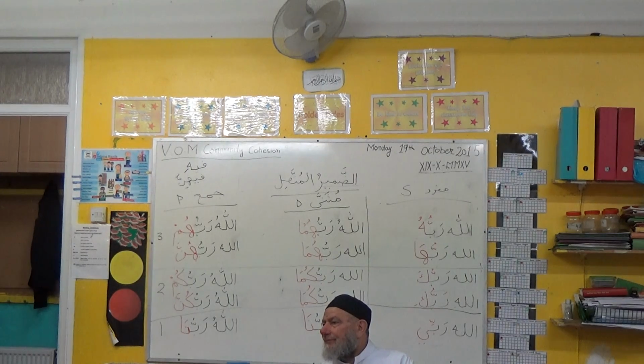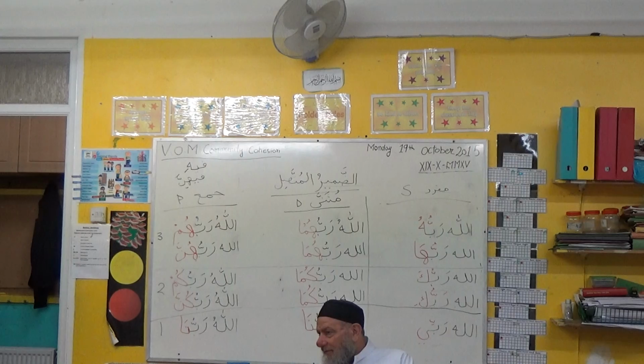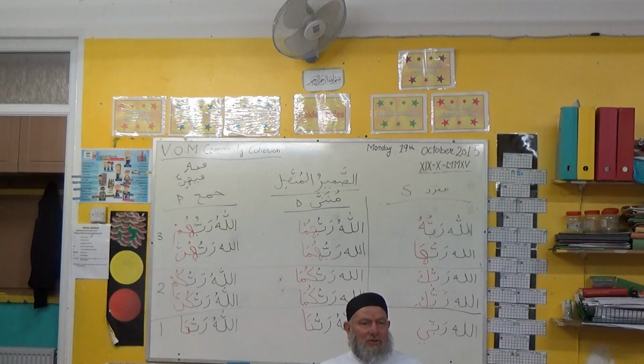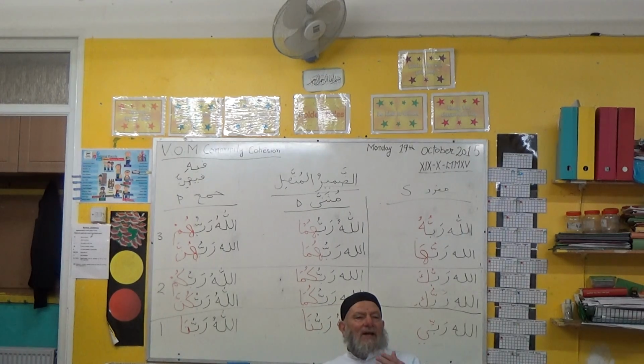What's the difference between kitabiya and kitabi? It is the same. Kitabi is my book, and even kitabiya, my book. But now there is a ha at the end. So when there is the ha, you cannot say kitabi. So the ya now will have the fatha. When the ya has the fatha, you have to say it ya, not i. You know the difference between i and ya? When the ya has no haraka, or sukoon, it will be i. When the ya has fatha, it cannot have dhamma obviously, then it will be ya.